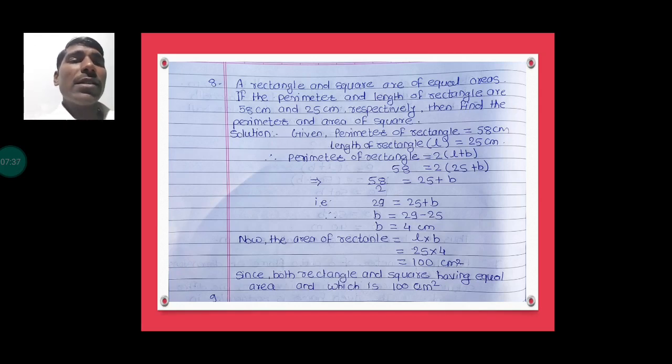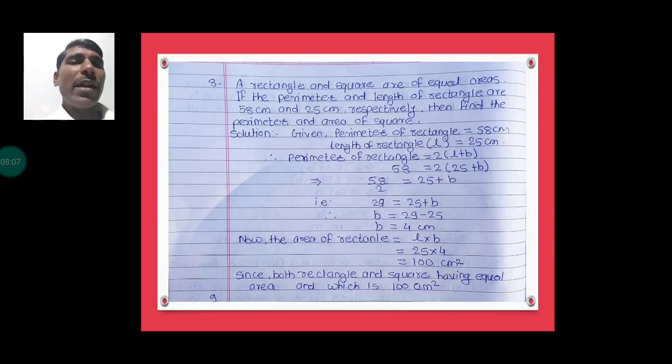So perimeter is equal to 58. After substituting 58 in the formula, we get the relation 58 is equal to 2 in bracket 25 plus B. This is a simple equation that we have to solve for B. After transferring 2 to the left side, it goes into division.